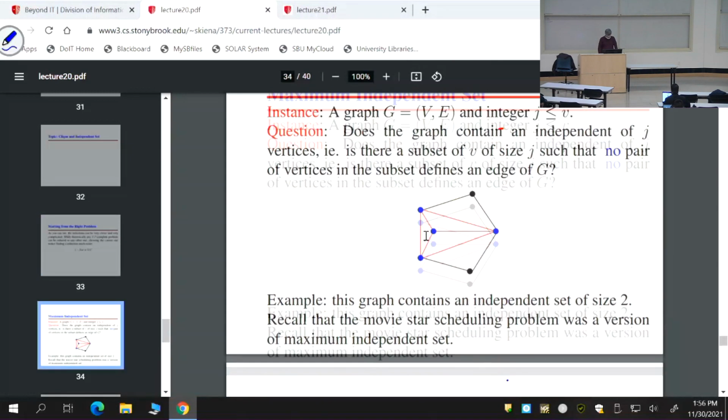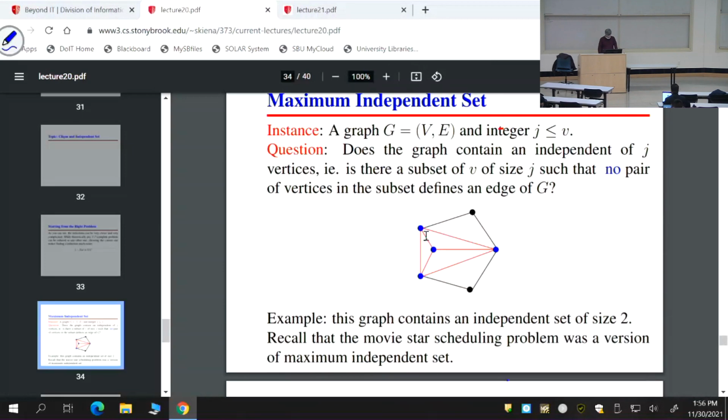Let's take a look at a different problem on graphs. This is a problem we talked about at the very beginning of class also, when we were talking about TV. We talked about the movie star scheduling problem. What was the problem? The maximum independent set problem on a graph asks us to find a large independent set, a large set of vertices such that no pair of the vertices has an edge between them.